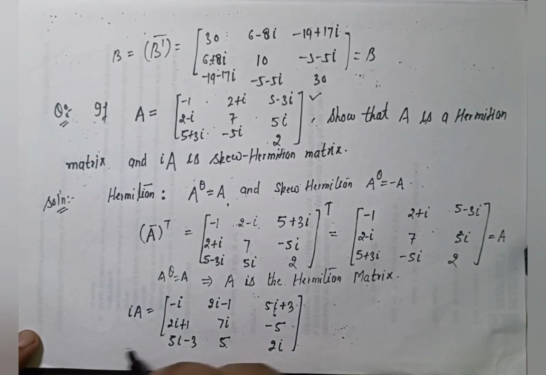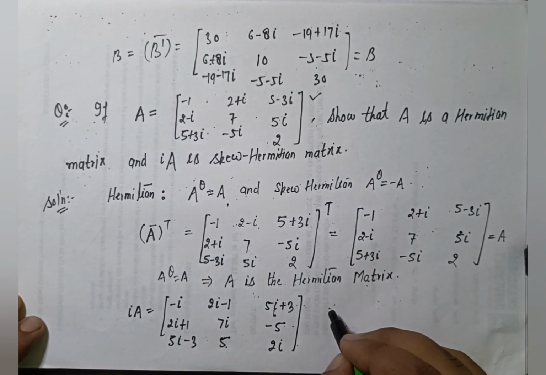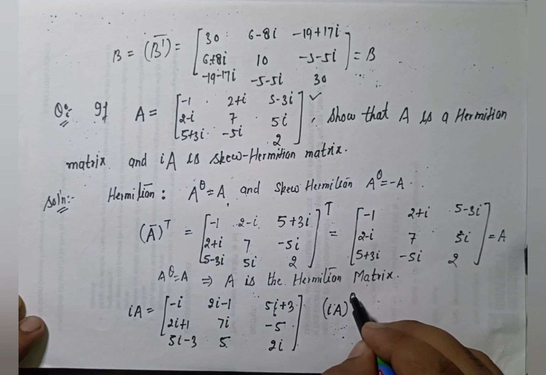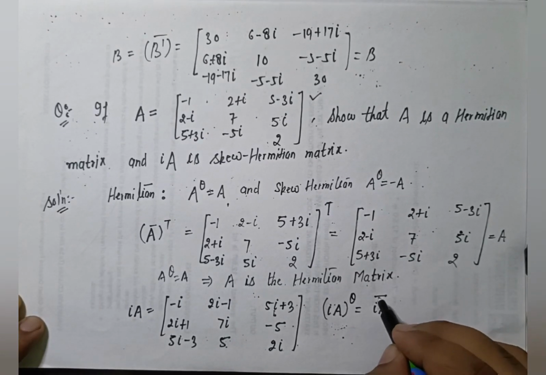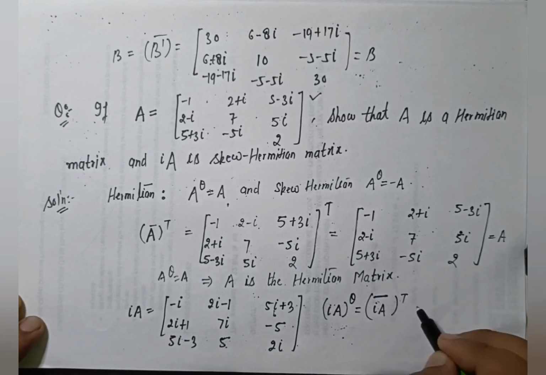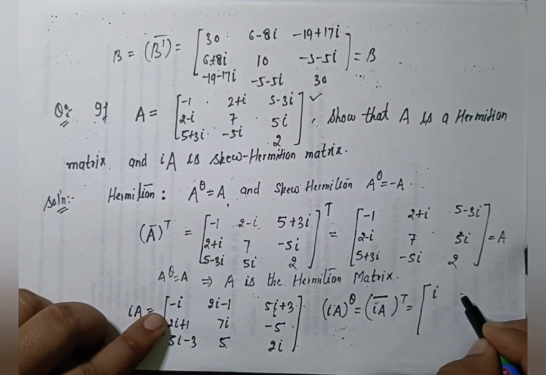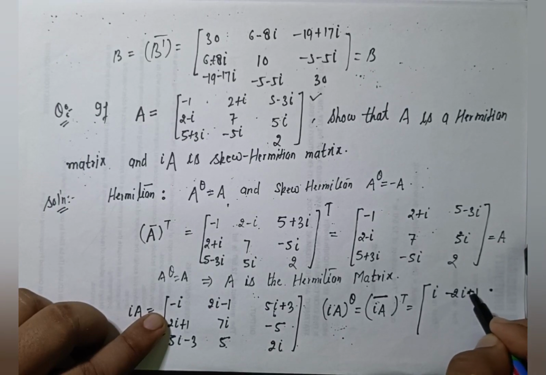We need to prove that it's a skew Hermitian matrix. So here we try to find iota A to the power theta, that is the conjugate transpose of this. First of all we write its conjugate matrix. So it is iota, then 2 iota plus 1, and then minus 2 iota and minus 1, because in the conjugate iota will be minus iota.